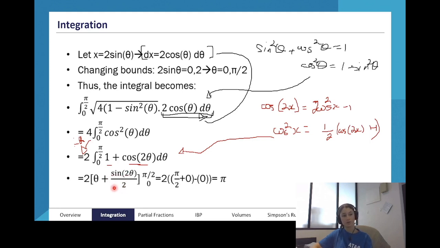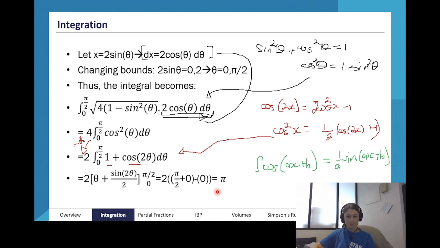You could use linear substitution here, but we just use the regular rule, which is what you would have learned in methods as well: if you have the cos of ax plus b, then the integral is going to be equal to 1 on a sine ax plus b. So we just applied that, and then we applied our regular definite integral rule with our limits. We subbed in our limits, and this gave us an answer of pi.